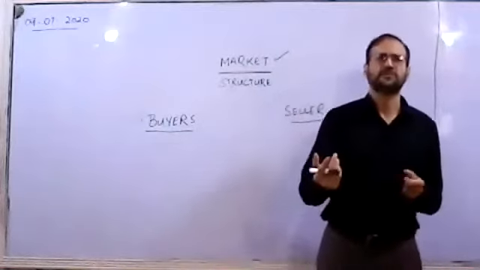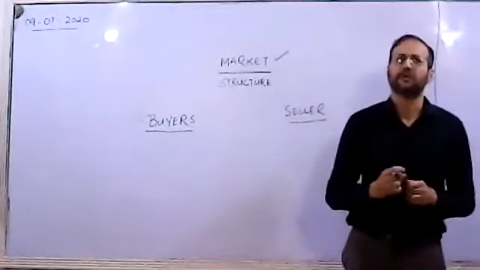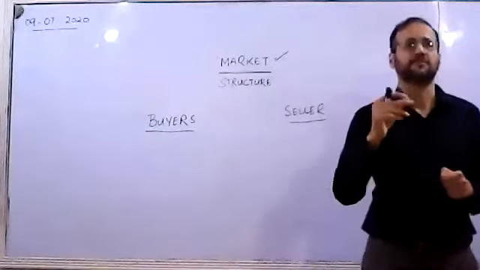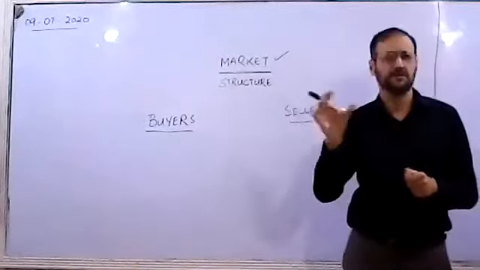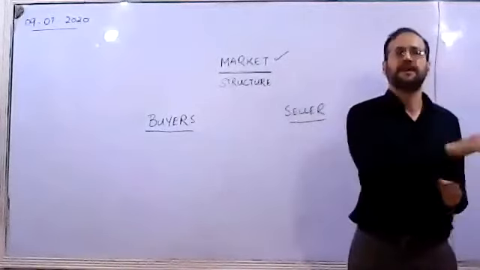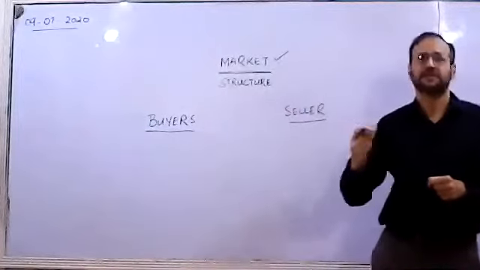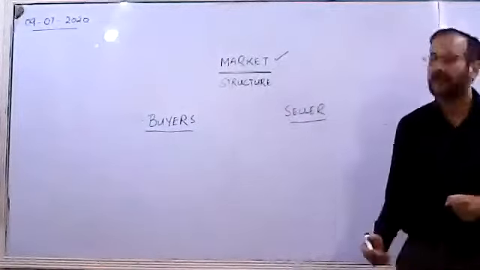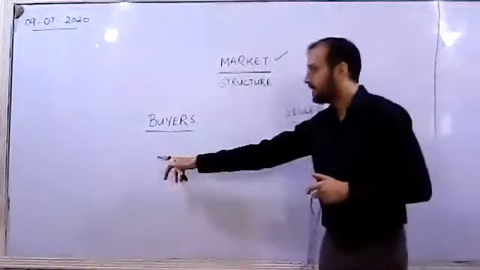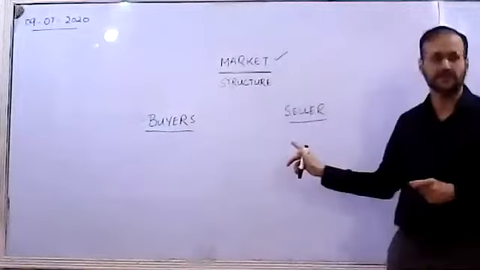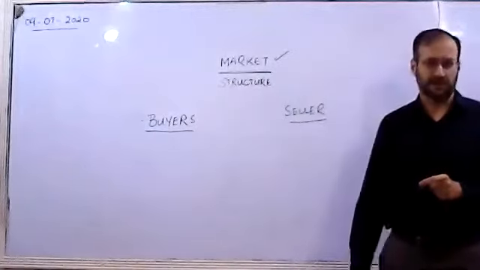If somebody asks about the structure of your home, you can say my home is two stories, has this many rooms, a lawn, and space for parking. That's the structure of your home. But when we talk about the structure of a market, we're talking about how many buyers and how many sellers. That is the structure of any market, dear students.